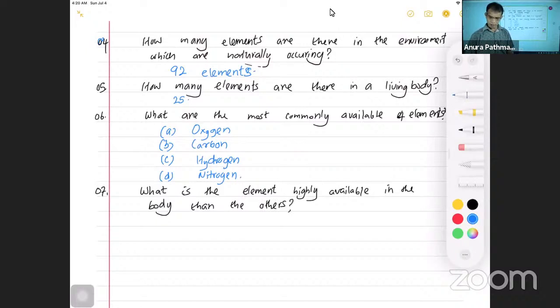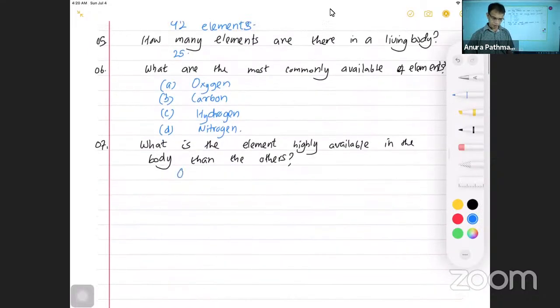Don't worry about my handwriting and spelling. The answer is not carbon. The answer is oxygen, because oxygen is present in every component, whether you say glucose or amino acids. The percentage is 65%.